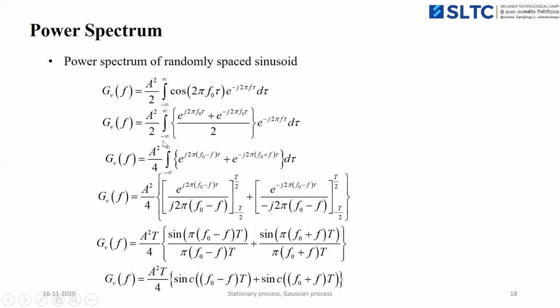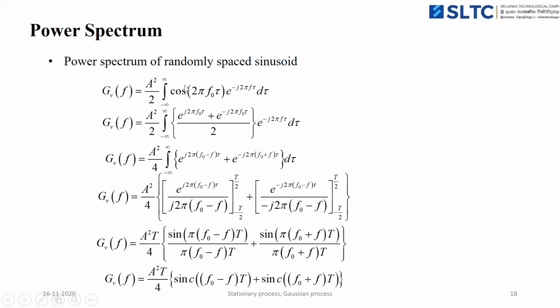We substitute the autocorrelation function and then take its Fourier transform. That is A squared by 2, integral from minus infinity to plus infinity of cos 2 pi f naught tau times e power minus j 2 pi f tau d tau. We know the cos theta formula: e power j theta plus e power minus j theta divided by 2.